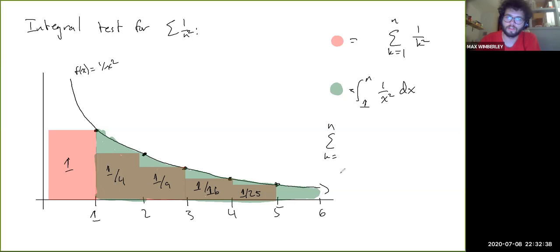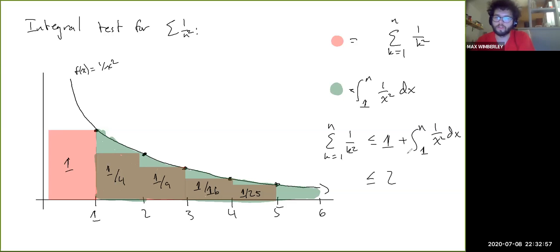Let's just make this be the sum from k equals 1 to n of 1 over k squared is less than or equal to 1 plus the integral from 1 to n of 1 over x squared dx, which ultimately is less than or equal to 2, I guess. I think that's what it approaches as n approaches infinity.